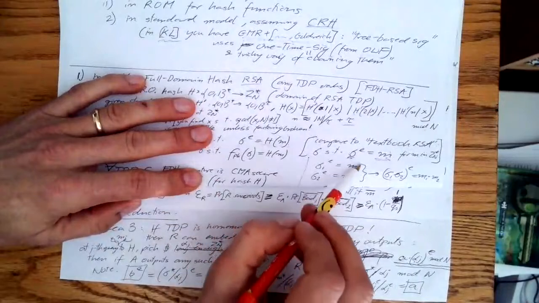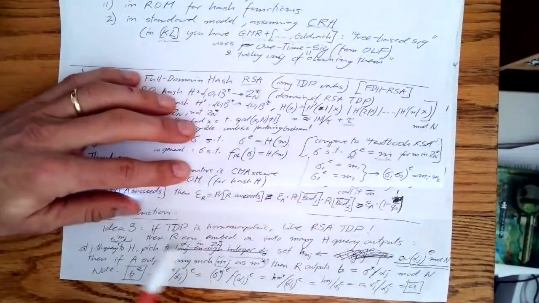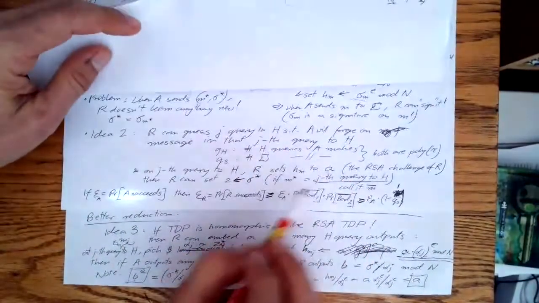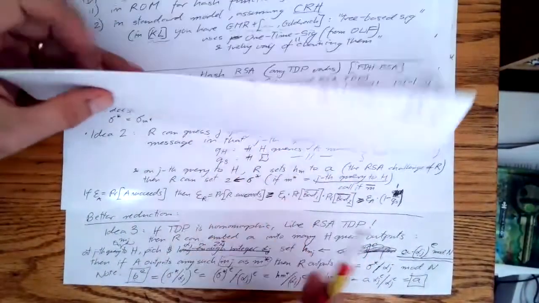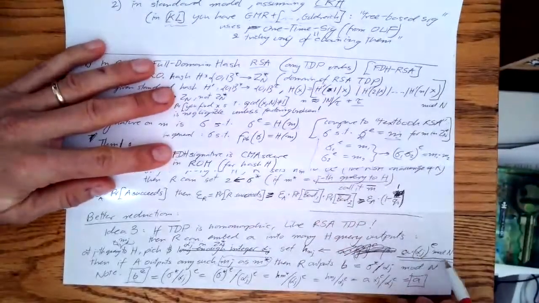But instead of giving A directly as a challenge to the attacker by embedding A into this hash, I embedded using this randomization.